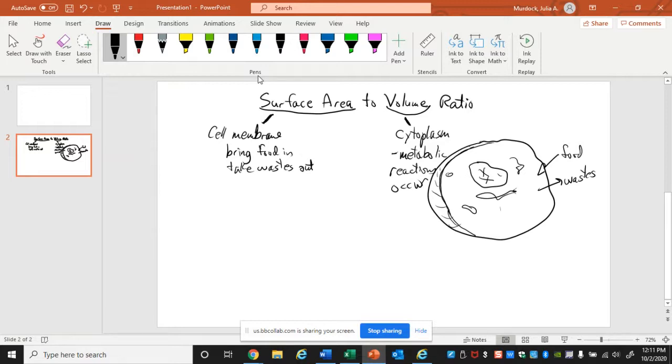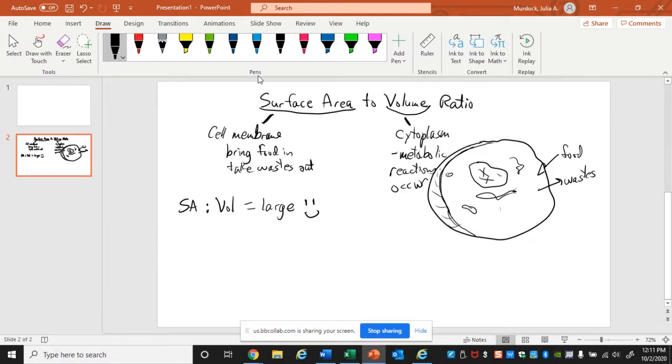So now let's look at this surface area to volume ratio, which is a mathematical thing. The surface area to volume ratio is a comparison of these two measurements, a comparison of the amount of cell membrane around a cell to its inner greedy cytoplasm. And if that surface area to volume ratio is nice and large, if the cell membrane is nice and big compared to the cytoplasm, the volume, you have a happy cell, right?